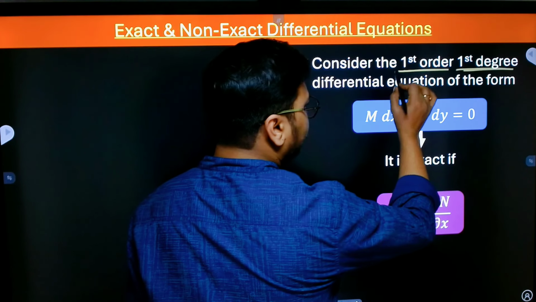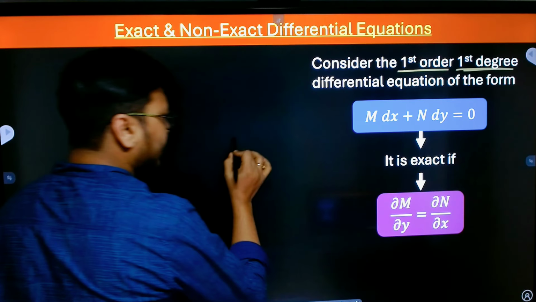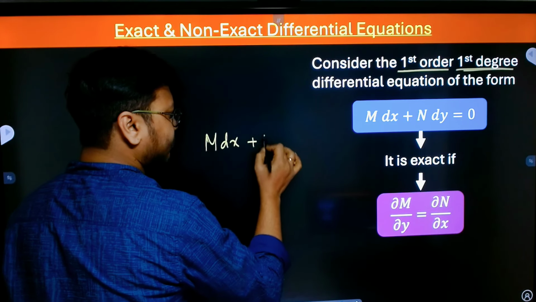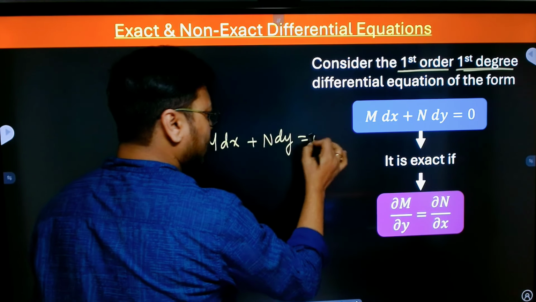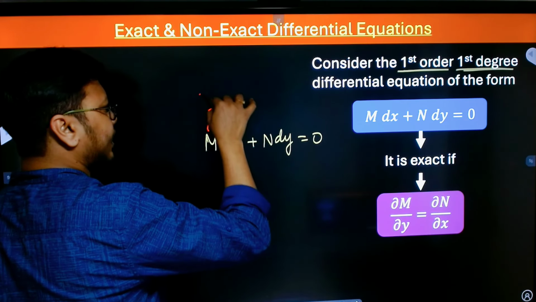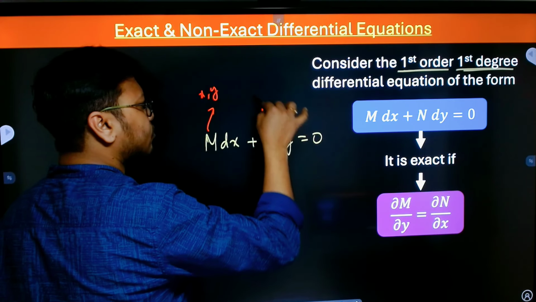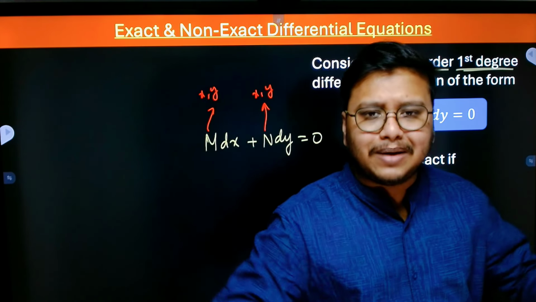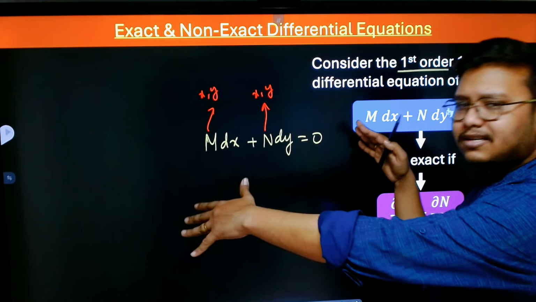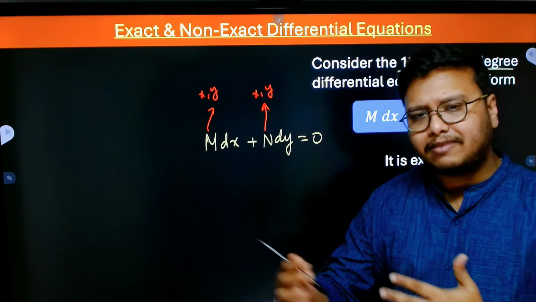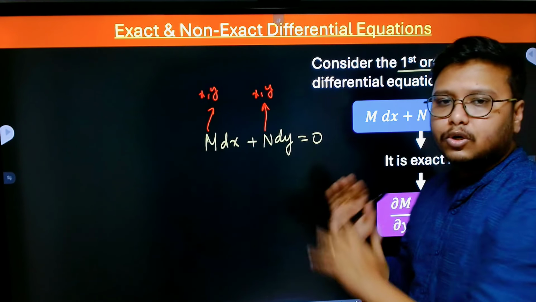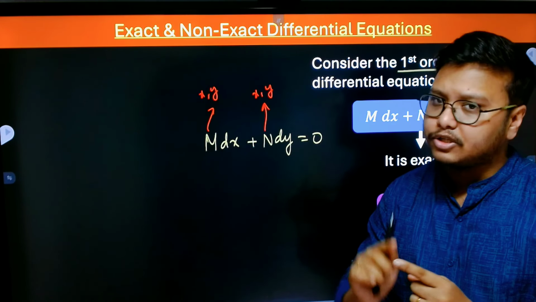If I have a differential equation of first order first degree, we can always write it in this format: M dx + N dy = 0, where M is a function of x and y, and N is also a function of x and y. Basically we just split the dy/dx into two parts; if I multiply dx on both sides and split it, the differential equation would look something like this, provided it's first order and first degree.